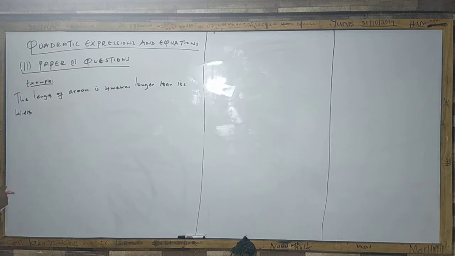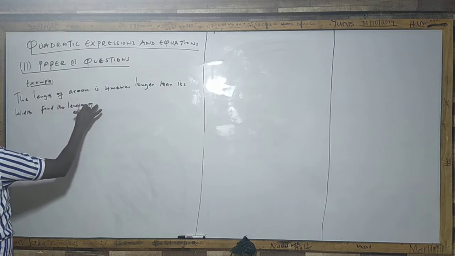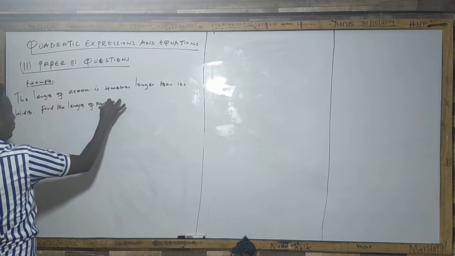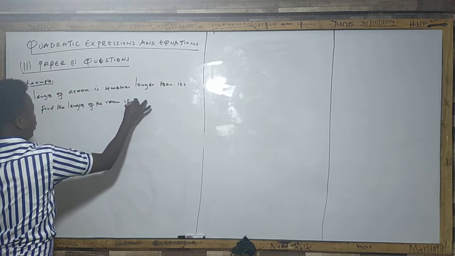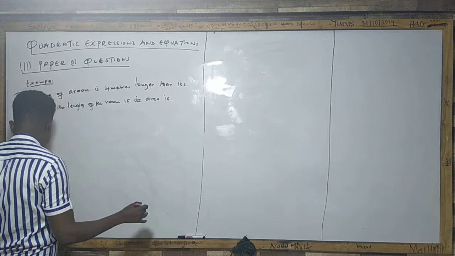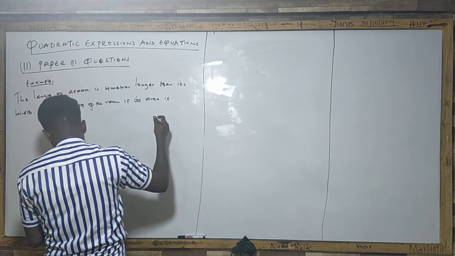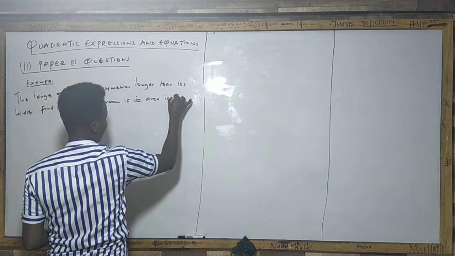Find the length of the room if its area is 32 meters squared.